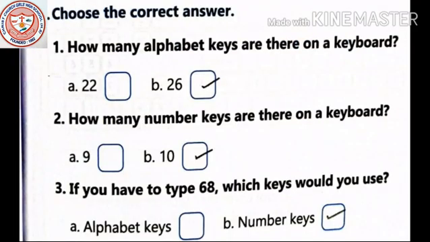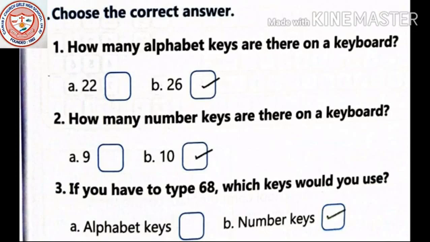Choose the correct answer. How many alphabet keys are there on a keyboard? There are 26 alphabet keys. So take the 26th one.